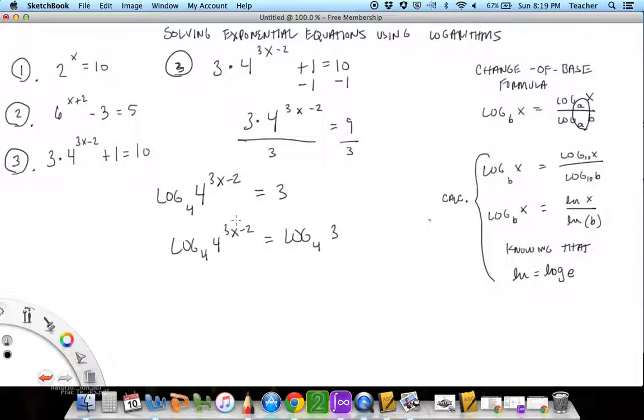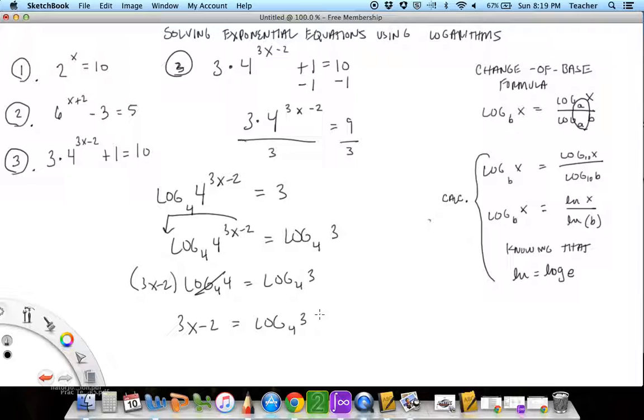And because I've done that, this is going to come up front. So now I have 3x minus 2 times log base 4 of 4 equals log base 4 of 3. And this cancels out, so 3x minus 2 equals log base 4 of 3. To save time here, I'm just going to give you the answer.